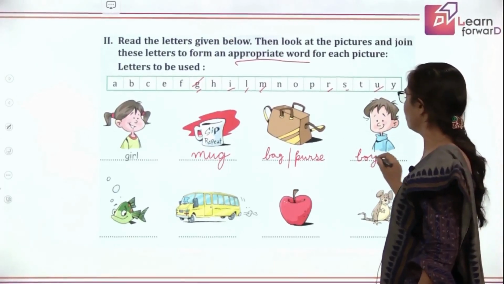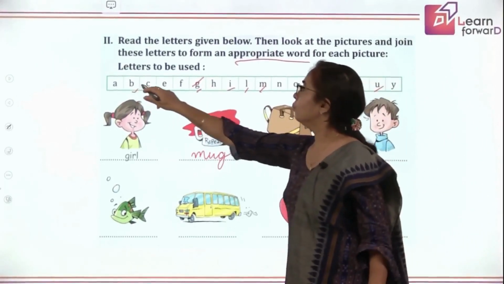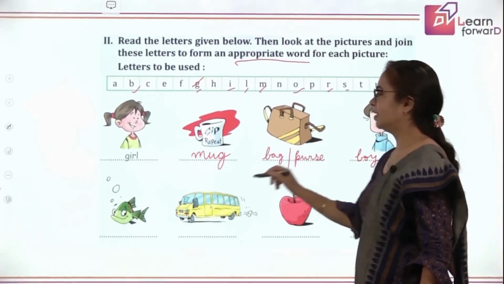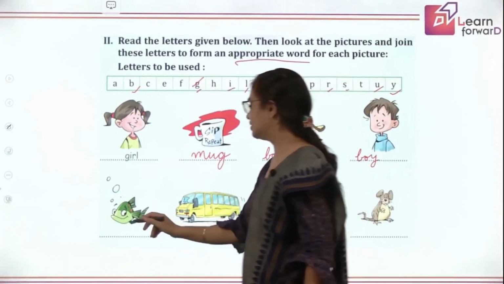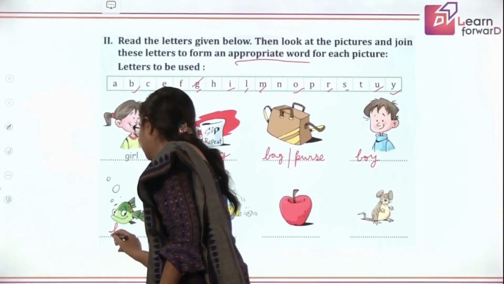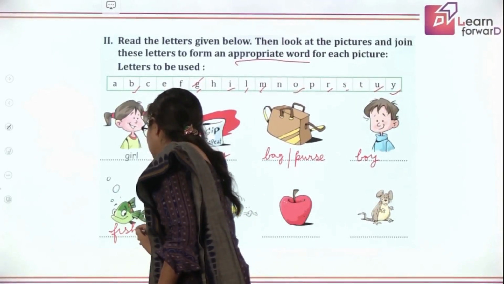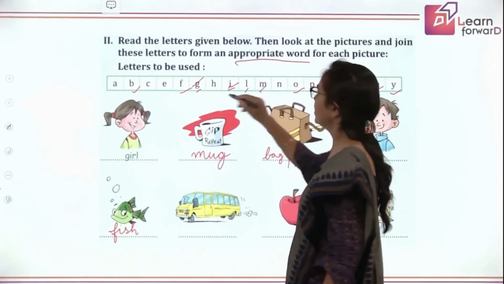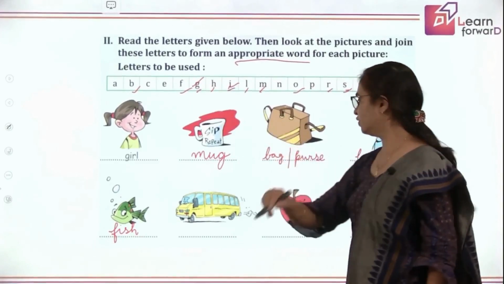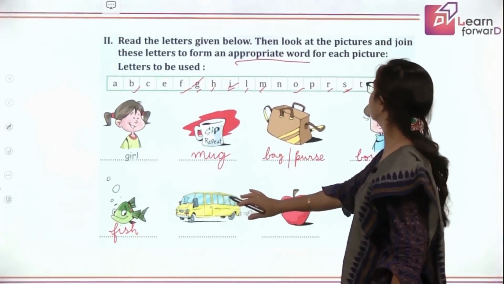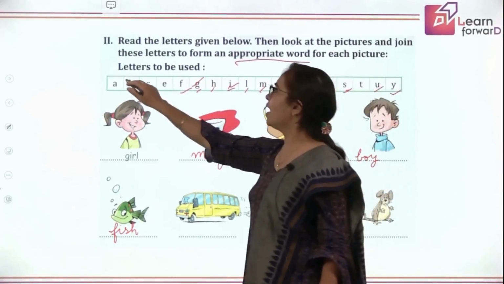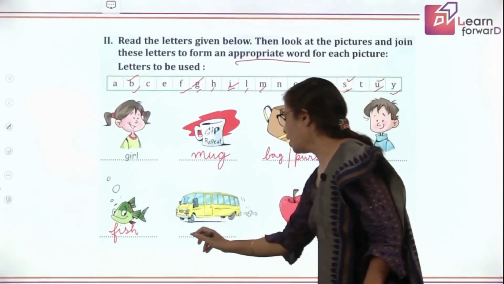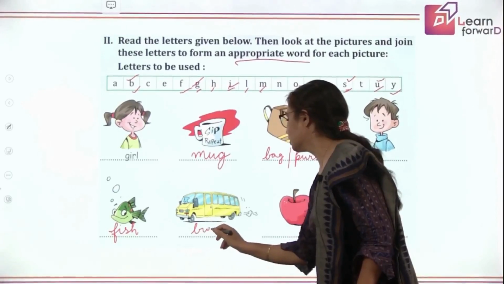So you have all the letters here. B, O, Y. The next is a cute little green fish. F-I-S-H. That's a fish. Next is a, yes, that's a school bus. B-U-S. You have all the letters there.